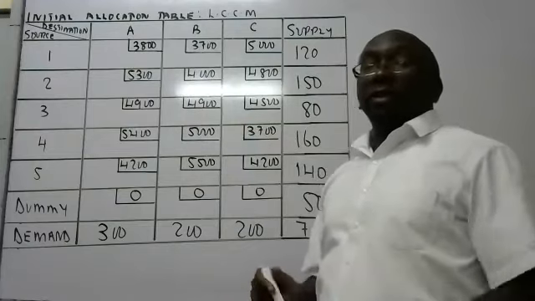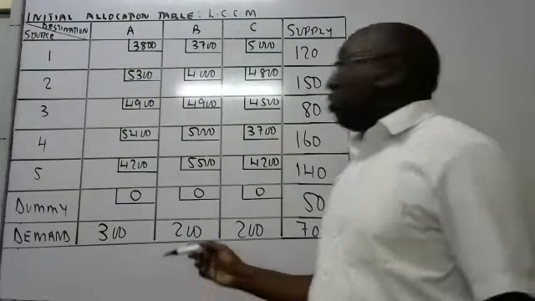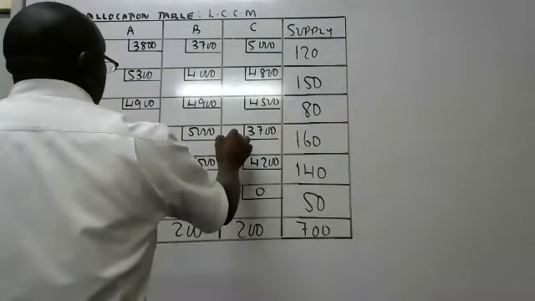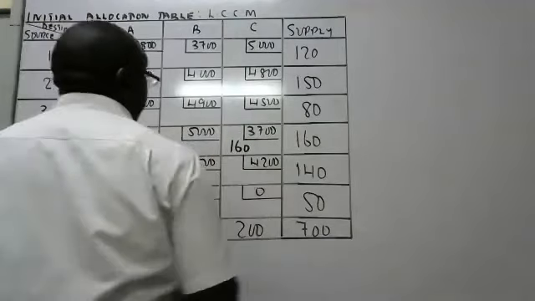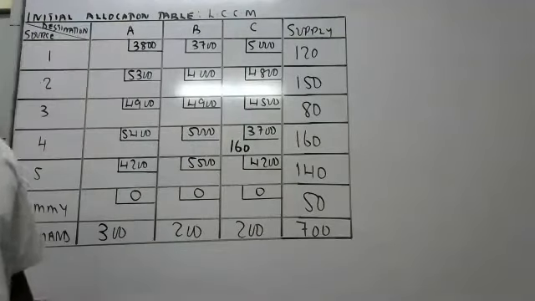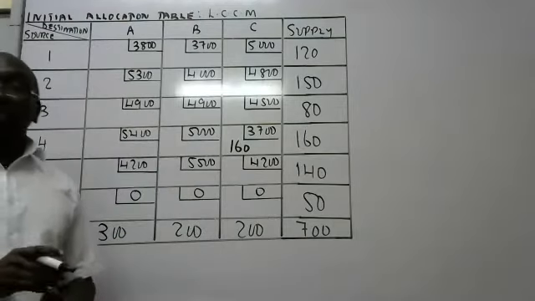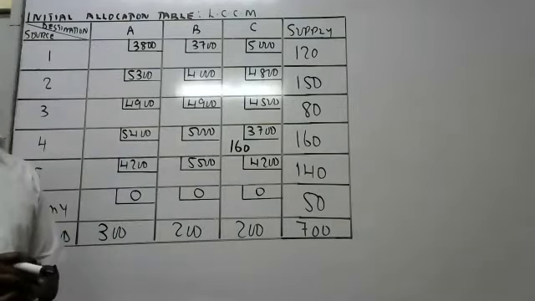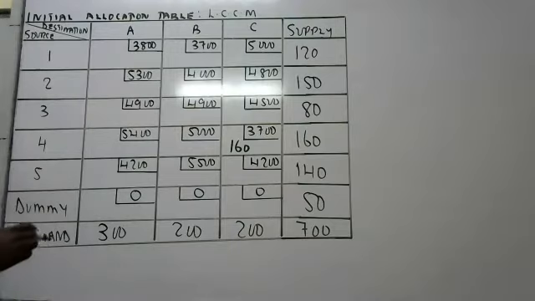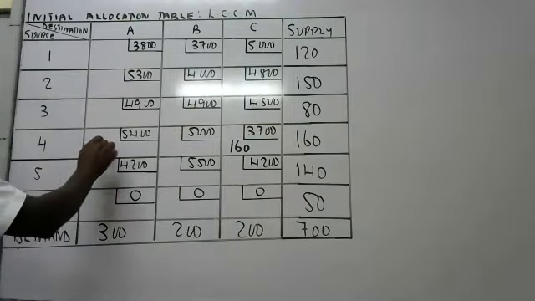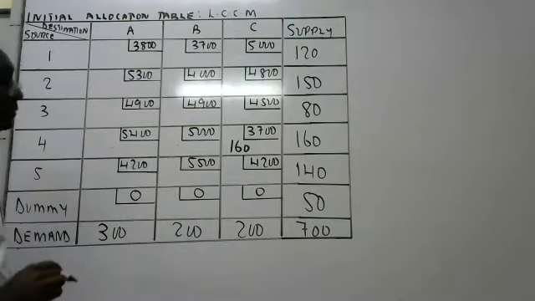So you start with the one taking more. So here, you put 160. And when you put 160, you must always assess the implication. The implication is that now this -4 has given out everything.